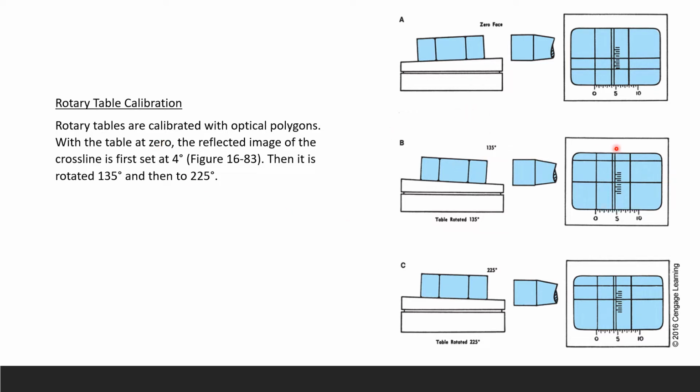Again, you don't have to know the numbers, you don't have to get into details. All you have to know is the procedure, how we're doing it. First, try to set the instrument to 0. That's your rotary table. Then the reflected image is at a 4 degree angle. Then we're going to rotate to 135, and then rotate again to 225.